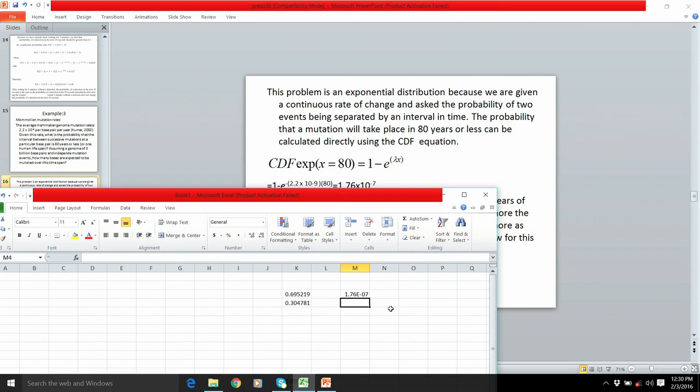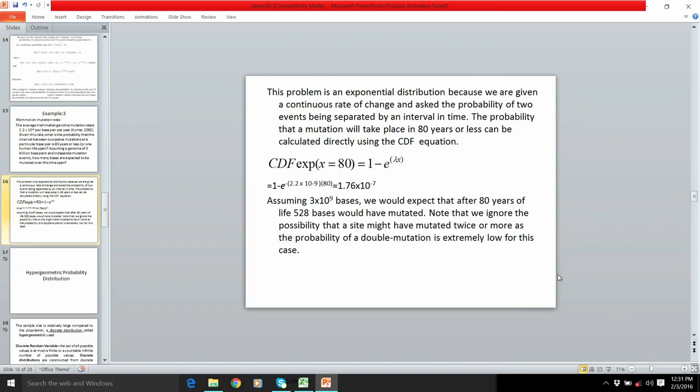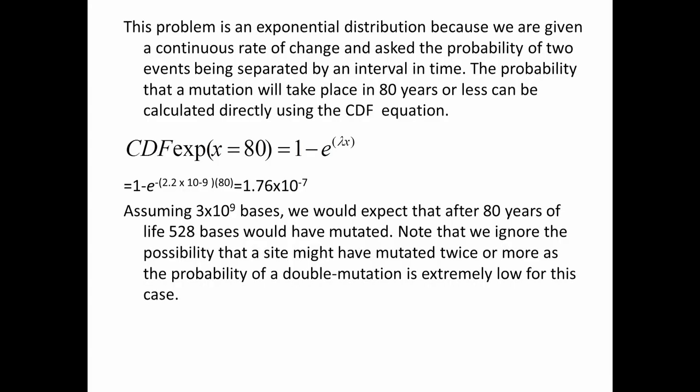You get 1.76 into 10 power minus 7, you understand. So, that is the probability of a mutation taking place in 80 years or less.